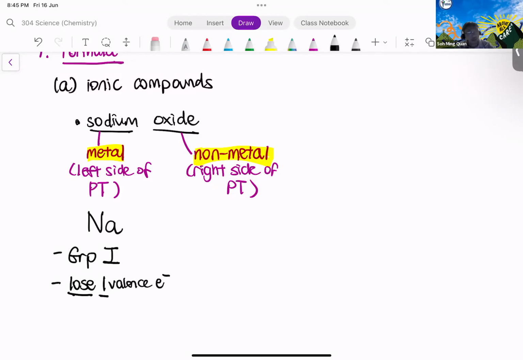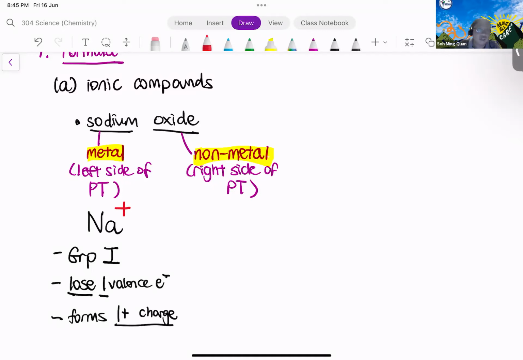If I lose 1 negative electron, my charge is 1 plus. You lose negative charge, you become positive. So Na has a charge of 1 plus in the ion.